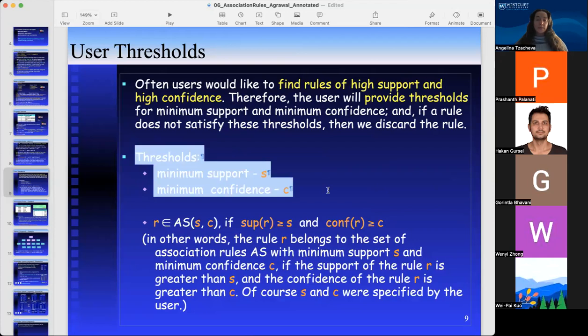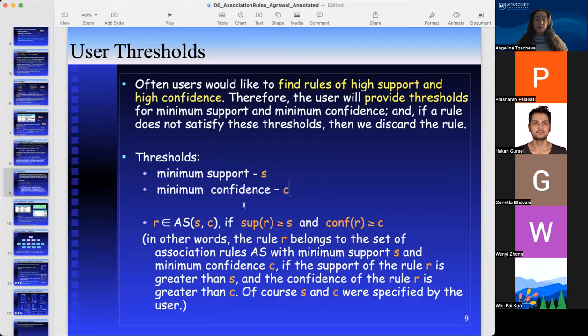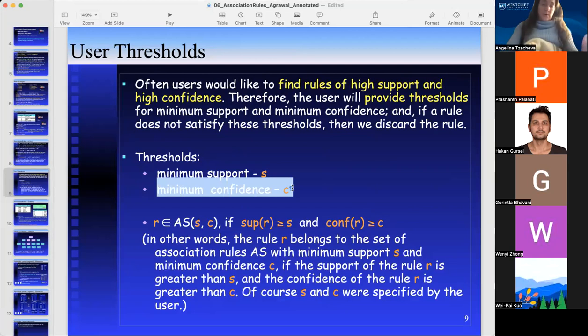We would like to extract rules like this: A implies B, or pizza implies Coca-Cola. We would like to extract rules with high confidence. So we could provide a threshold for the confidence as well, let's say 75% or 80%.